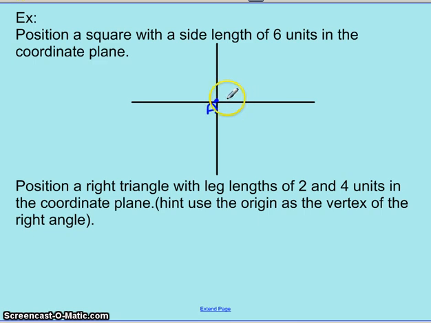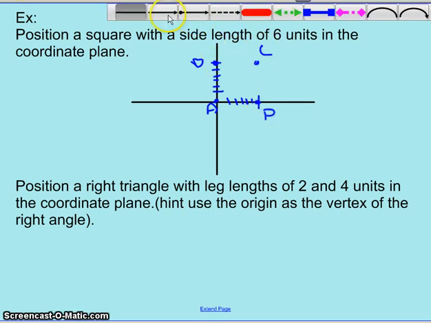That means that over here, 6, we're going to put another point, and then we're going to go up 6 and put another point. We're going to call this one B. So if we go 6 over from B, right here, we're going to get C, and we're going to call this D. So now we've got a square.